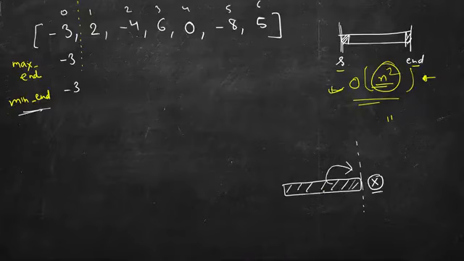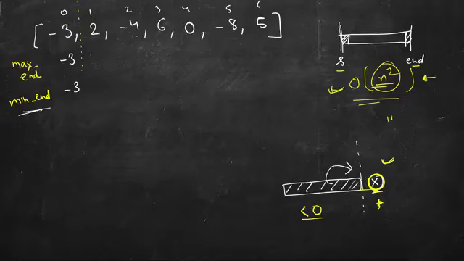So let's say the previous one was negative, and the current element is positive. Then we will not include it. We will just take the current one, because the previous is a negative quantity and the current element is positive. So if we multiply everything, it will be negative only. So taking just this element will obviously be better than extending the previous one. So we will take this one.